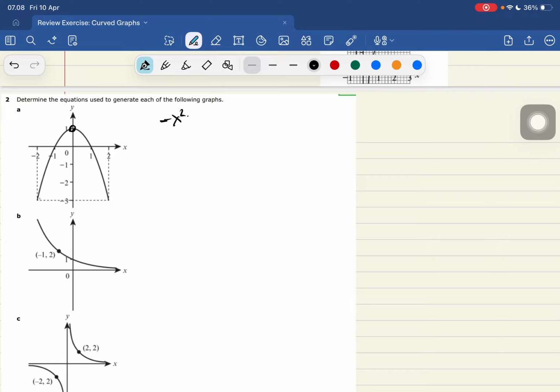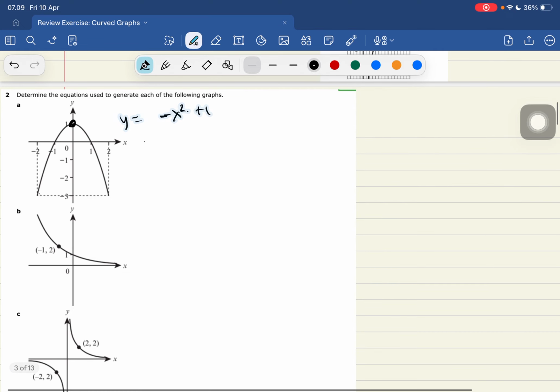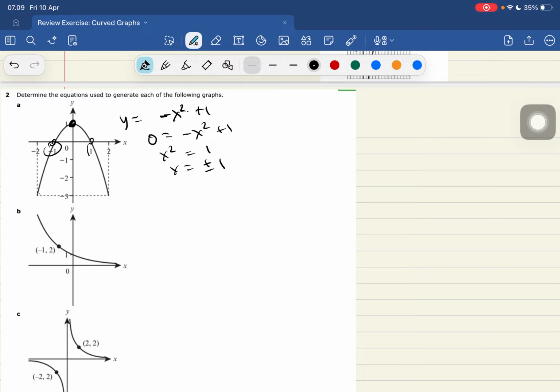And here the y-intercept is 1, so we can add 1. So y equals negative x squared plus 1. When we find the x roots, we can make 0 equal to negative x squared plus 1, so x squared equals 1, so x equals plus or minus 1.